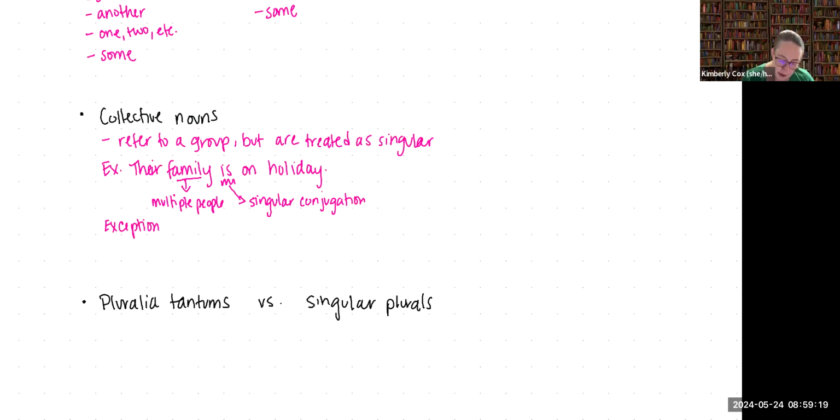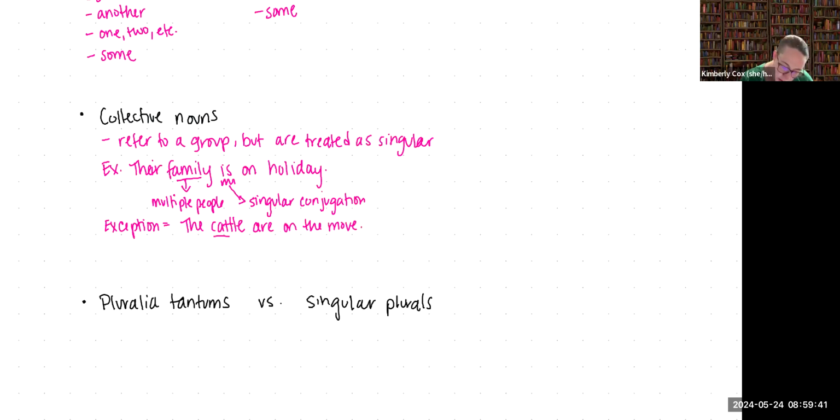And that exception would be cattle. So, the cattle are on the move.